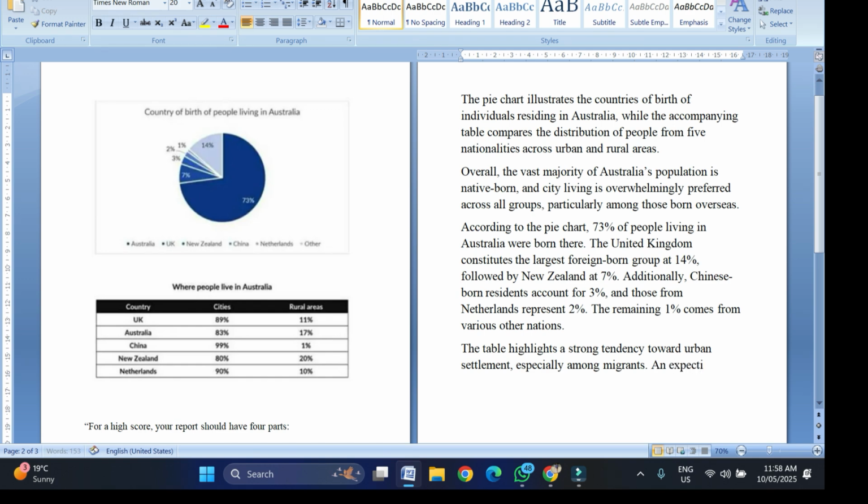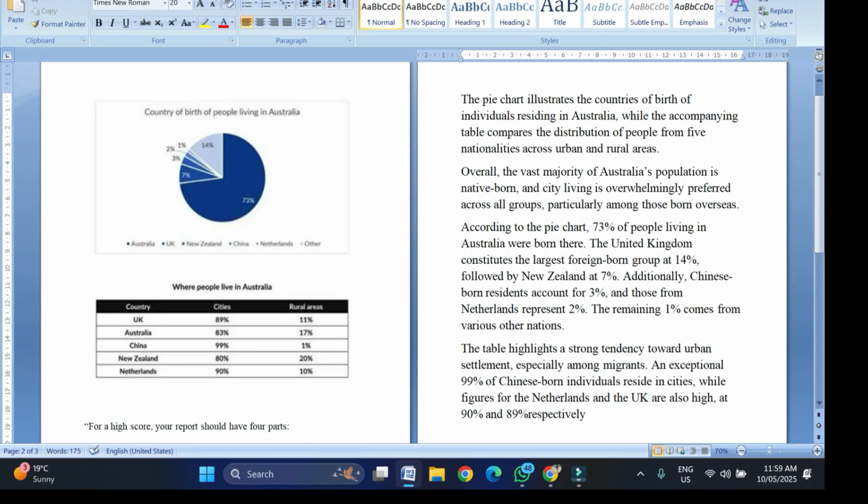An exceptional 99% of Chinese-born individuals reside in cities, while figures for the Netherlands and the UK are also high at 90% and 89% respectively.